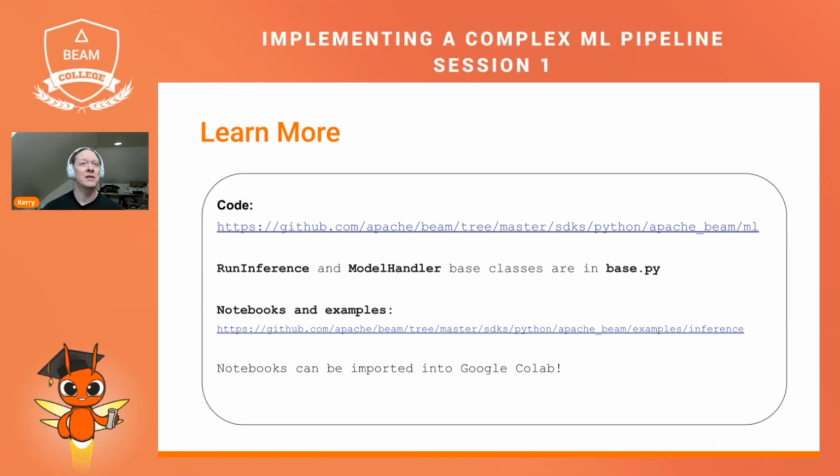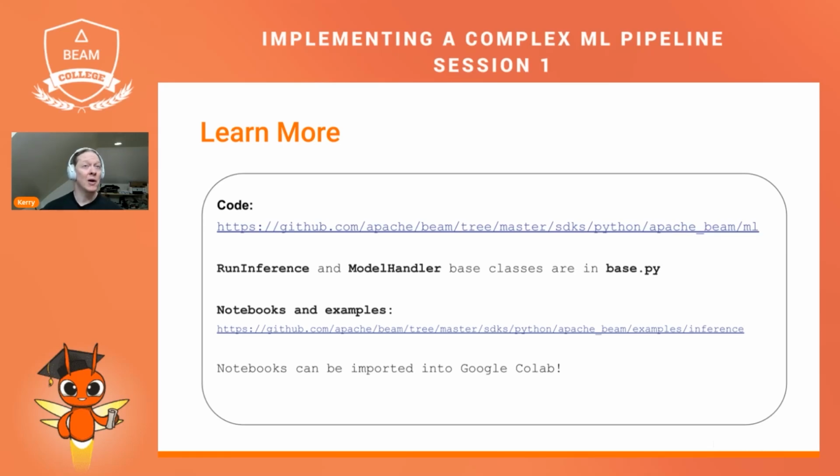So this is just an example, a high-level overview of what we're going to cover in this course, of the run inference function, and the model handler class that we use to implement different ML frameworks for inference. You can look at all the code here. This is in our open source Apache Beam repository under Python Apache Beam ML.